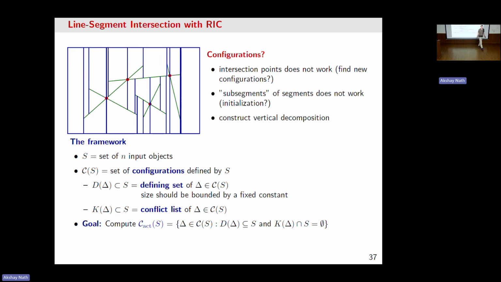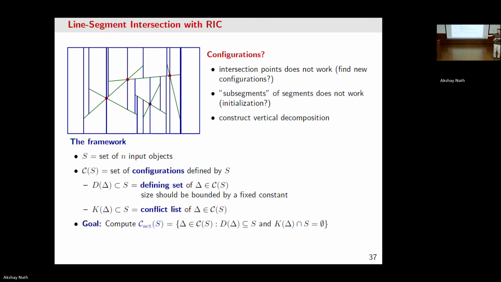What's the conflict list? Yeah, so if you look at a subset of our segments, then what we want is that the active trapezoids are exactly the ones that are in the vertical decomposition of that subset.